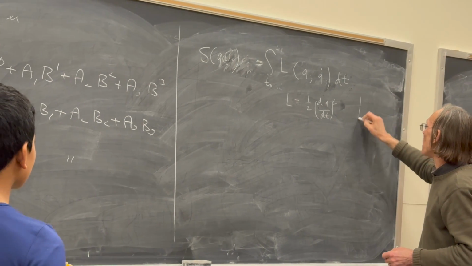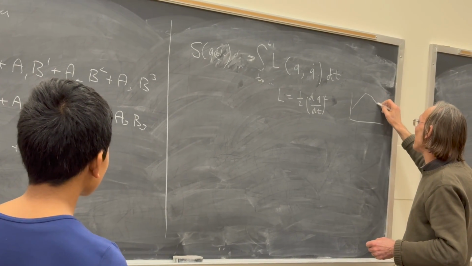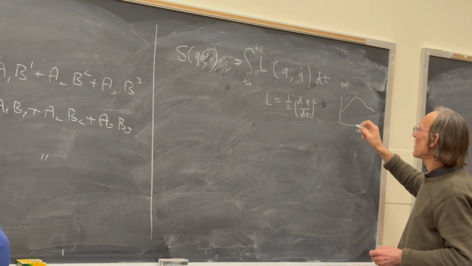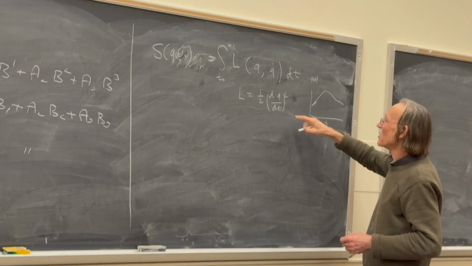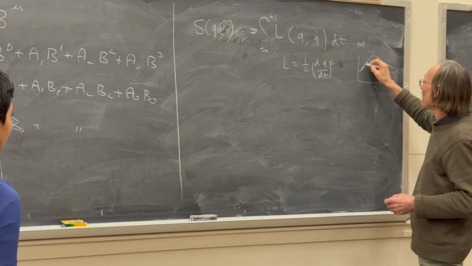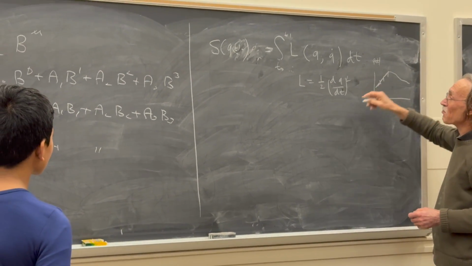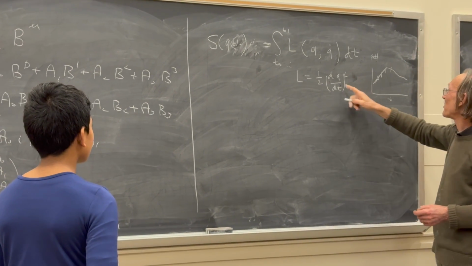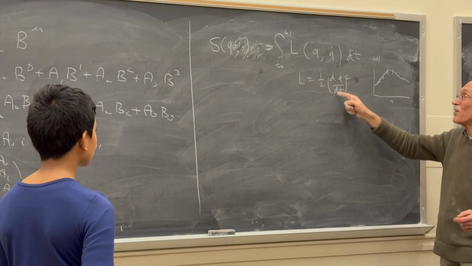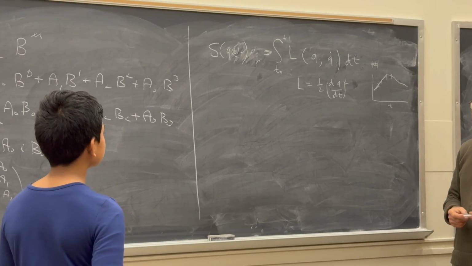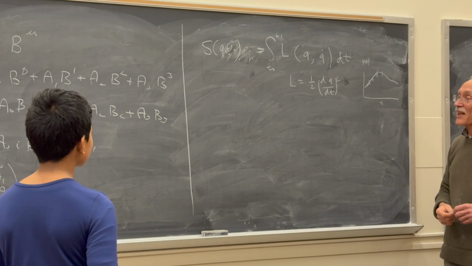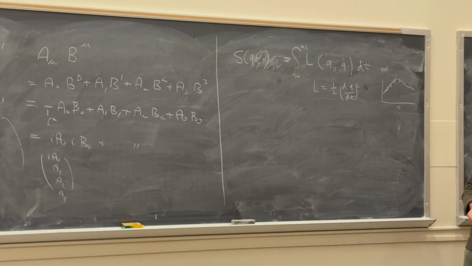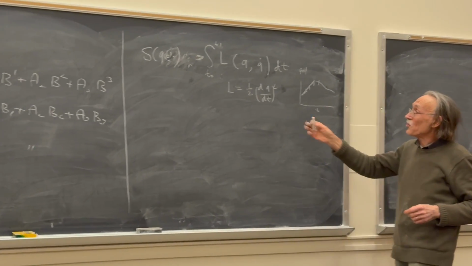So if you have a function q of t versus t, then you calculate the slope, square it at every point, just do the Riemann sum, calculate the slope at each point, add it, and then that is the action. I see. And then you like to minimize this.